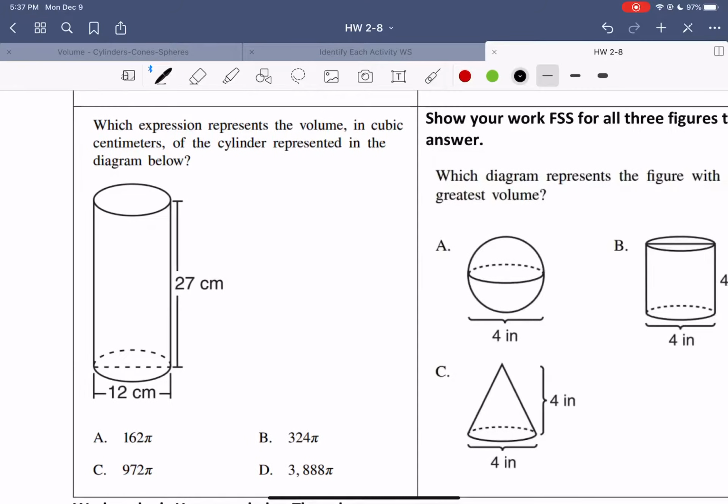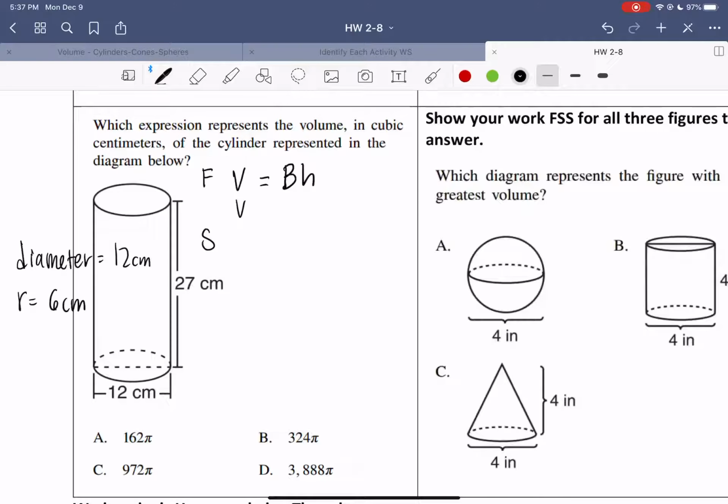Which expression represents the volume in cubic centimeters of the cylinder represented in the diagram below? We're looking for the volume. Our formula is volume equals capital B times H. They have given us a diameter of 12 centimeters, so our radius is going to be 6 centimeters.